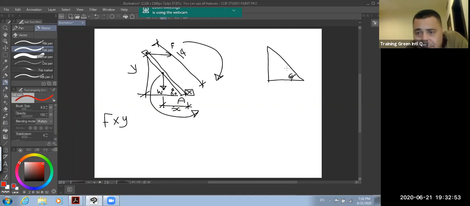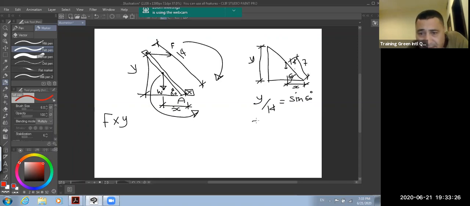This is 60, this is 14, and this is Y. And Y over 14 equals what? Equals sine 60. Finish. W is here. This is X. And this is 7 because it's half. I need to calculate the X. X over 7 equals what?